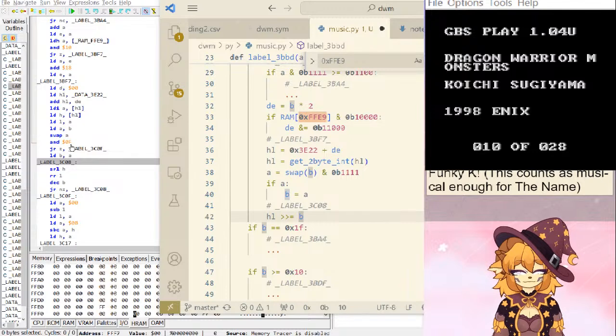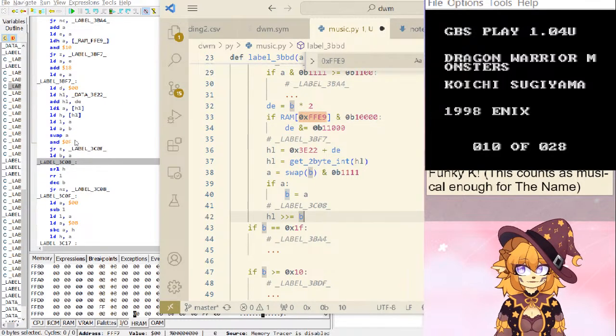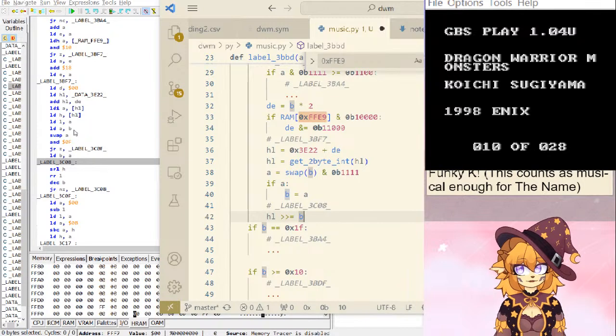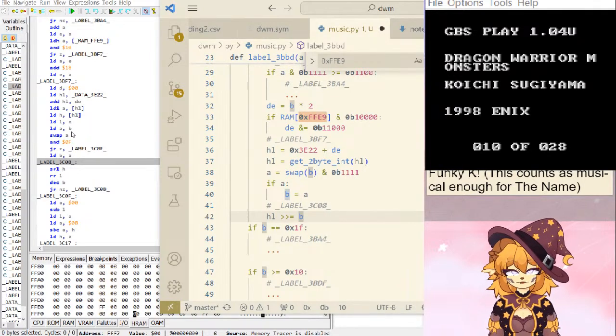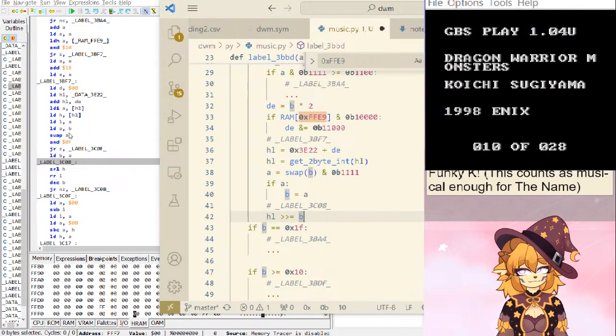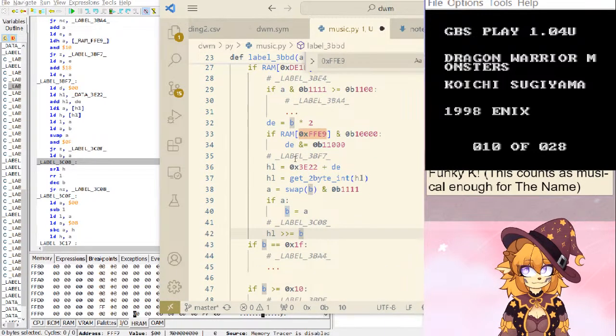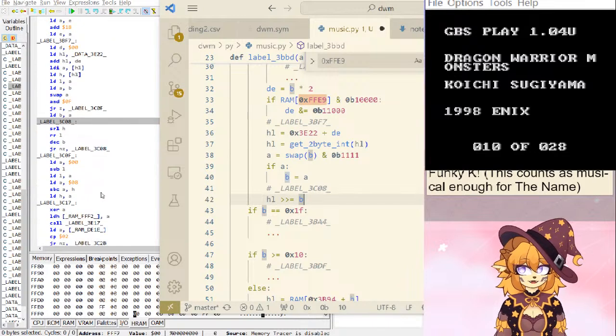Wait, is it 0? F. No, B could have a value in its lower nibble. It would need to. What is B anyways? Oh, we don't know because it was passed in here. Okay, whatever.